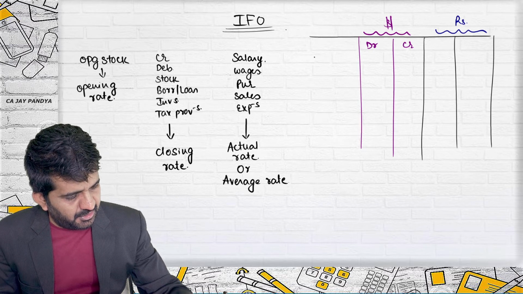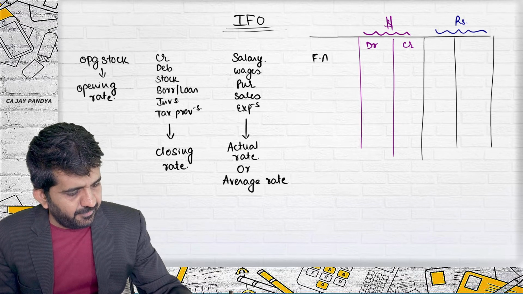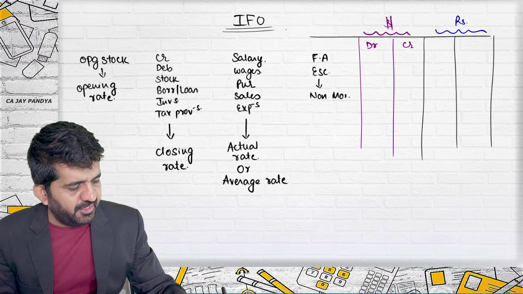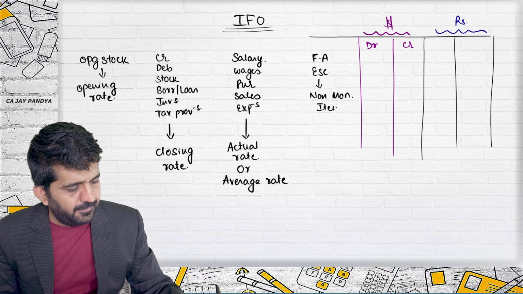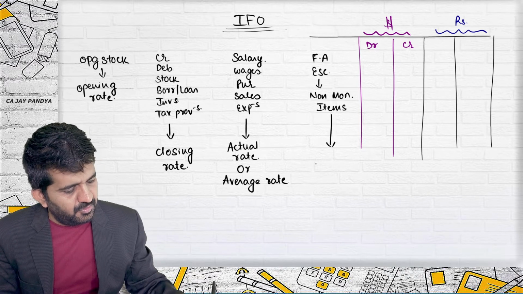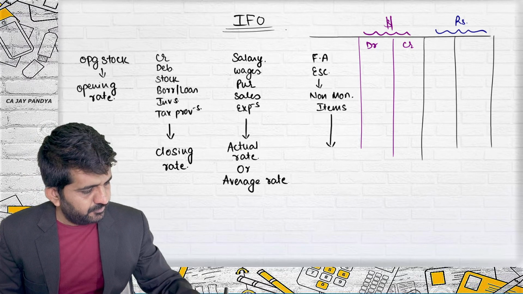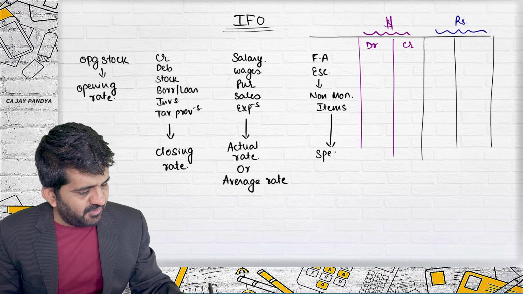And last is fixed assets, equity share capital, other non-monetary items, which will be recorded at a specific rate.